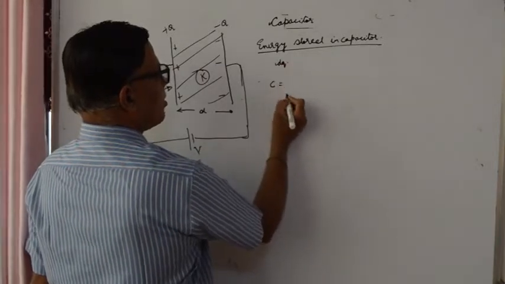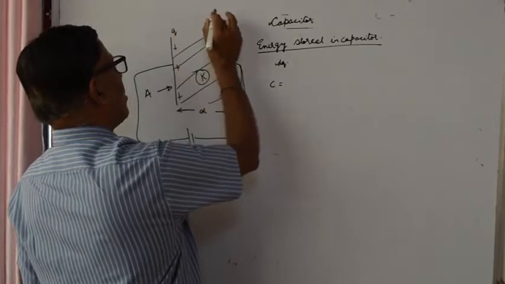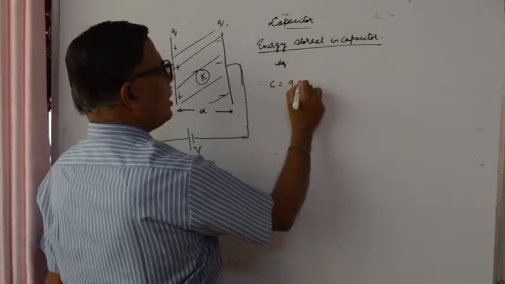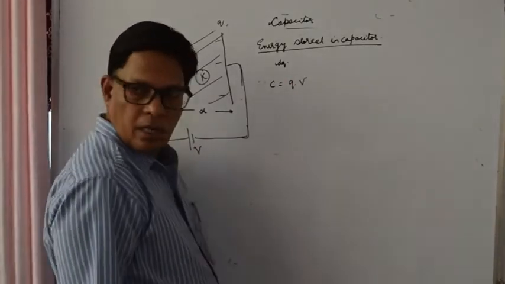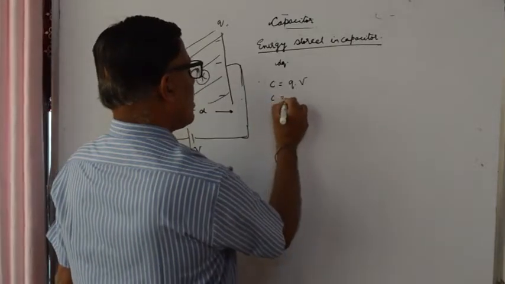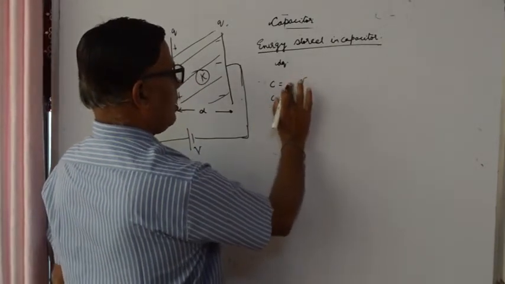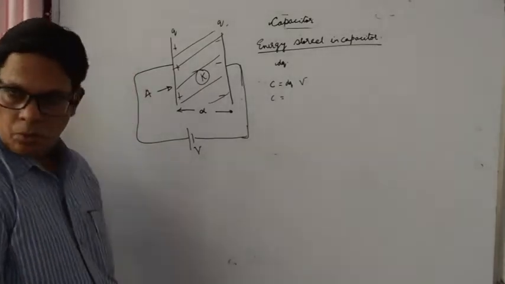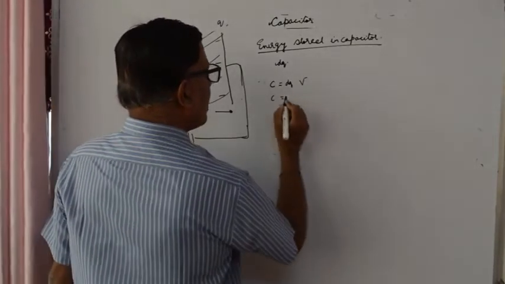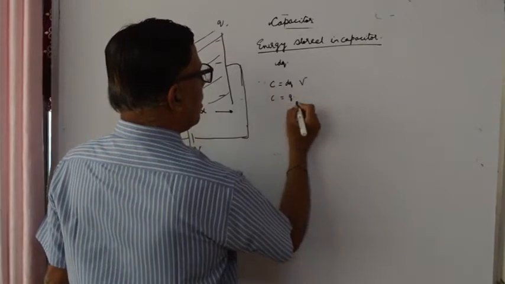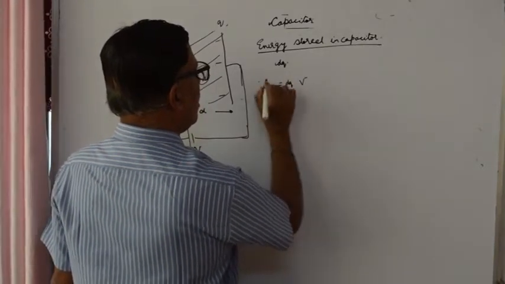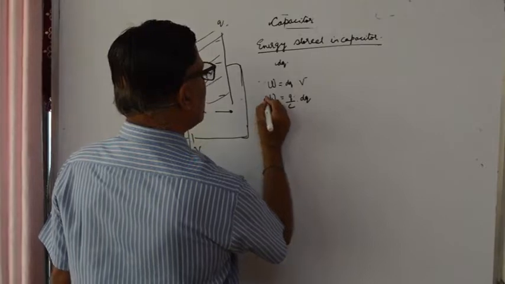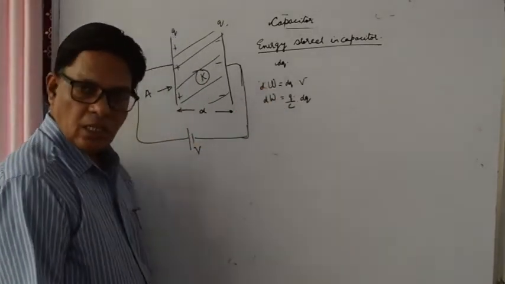Now the capacity C is equal to q upon v, so when the charge is only dq, then v can be written as q upon C, and the small amount of work done in charging the capacitor is dw equal to q upon C into dq.